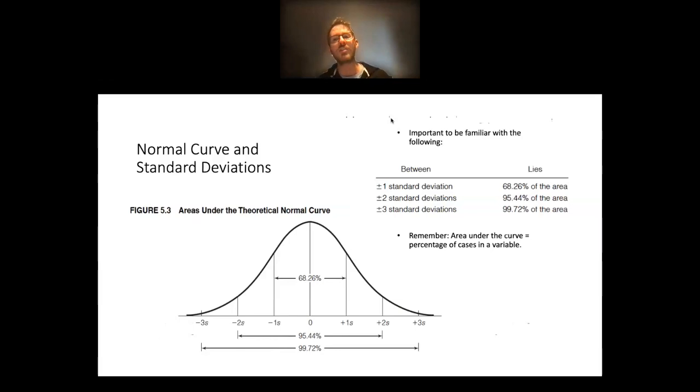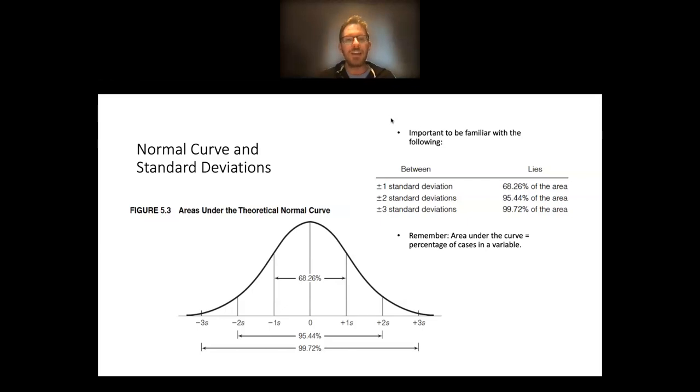Some people call this the 68, 95, 99 rule. I think that is just as difficult to remember and understand. So just keep in mind that you can always come back to this to remind yourself what that means.